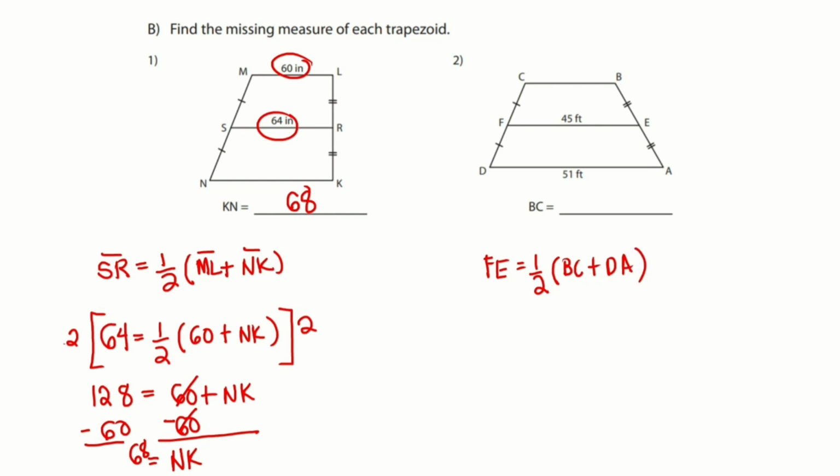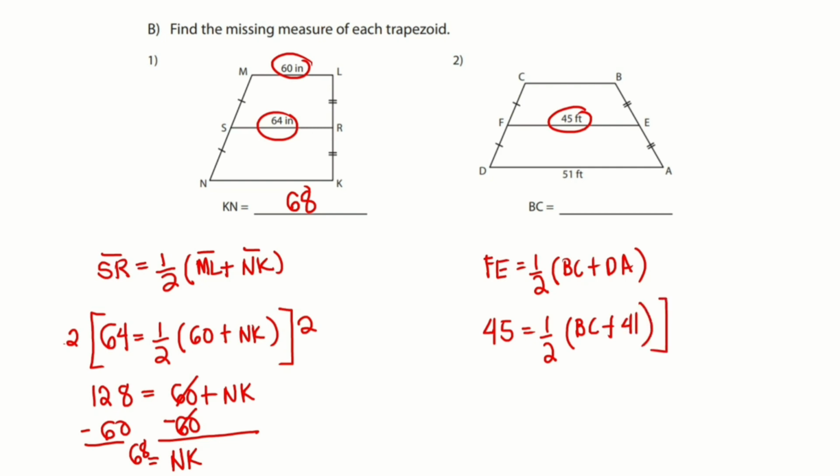Then, again, we're going to substitute. So the measure of FE is 45. So that's 45 is equal to 1/2 multiplied to BC. Since we don't have the measure for BC, that's still BC, plus DA, which is equal to 41.